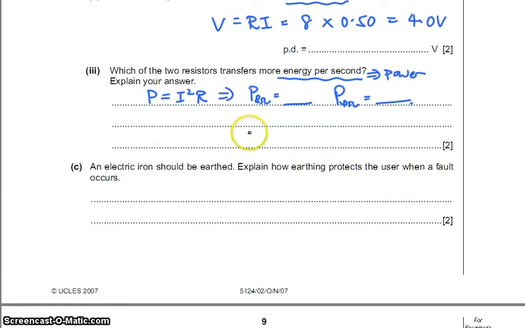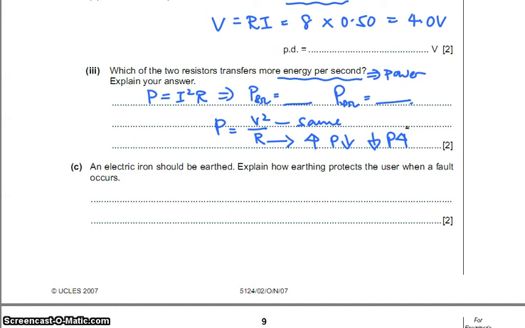If voltage is the same, that means for power, I can use this formula, V squared over R. So if you look at this, you realize that since it's a parallel circuit, the voltage is the same. If R is bigger, your power will be smaller. If R is smaller, your power will be bigger.